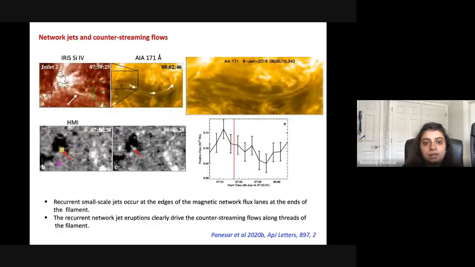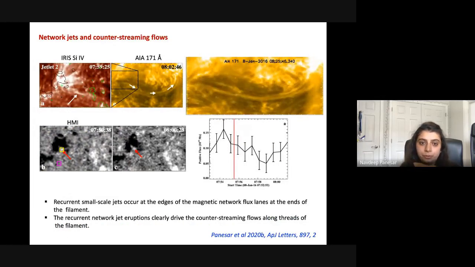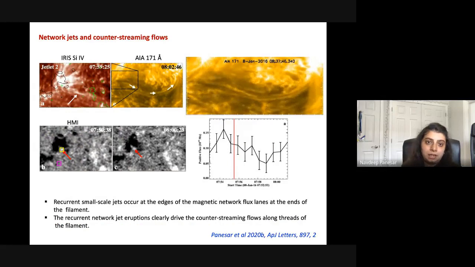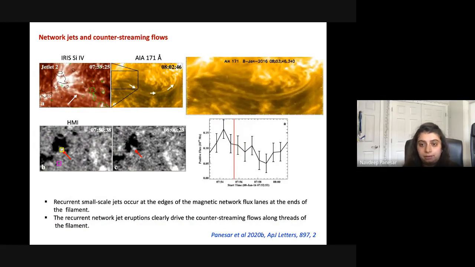Okay, so this is another example of network jets. Recently, we reported that counterstreaming flows in a solar filament are driven by network jets. This is a filament. At both edges of this filament, we observed multiple network jets.